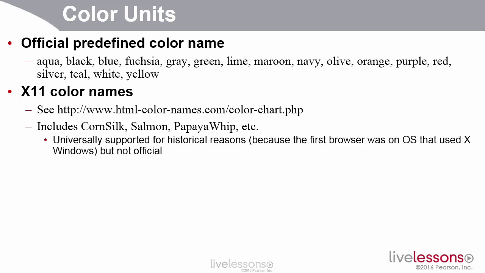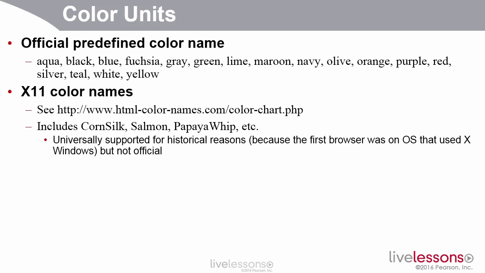My personal favorite is papaya whip. These are not part of the official specification, but every browser, at least every browser up to 2015, and probably every browser for the foreseeable future, still supports them for historical reasons. So some HTML developers like to use those, but it's a little bit unclear and they're not technically official.